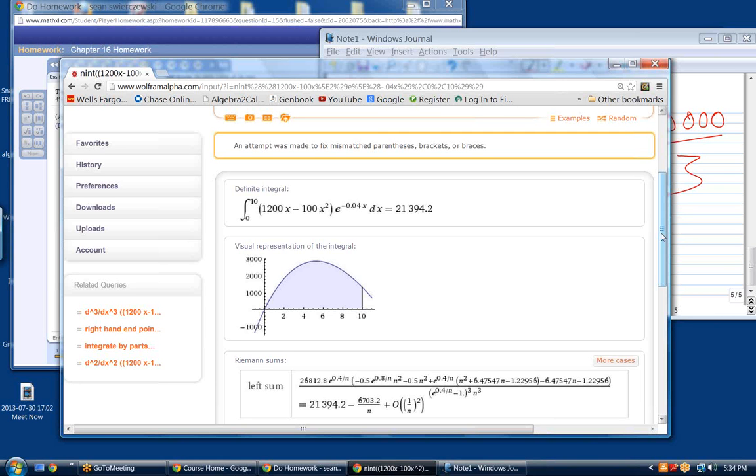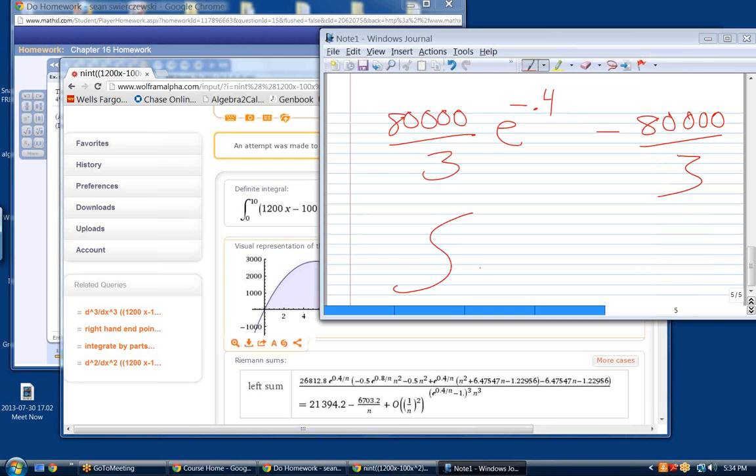You don't need dx. When you're doing a numerical integral, you don't want dx. In other words, here's the way I would type it in. You need three things: the function, the variable of integration, which in this case is x, and then the limits of integration.